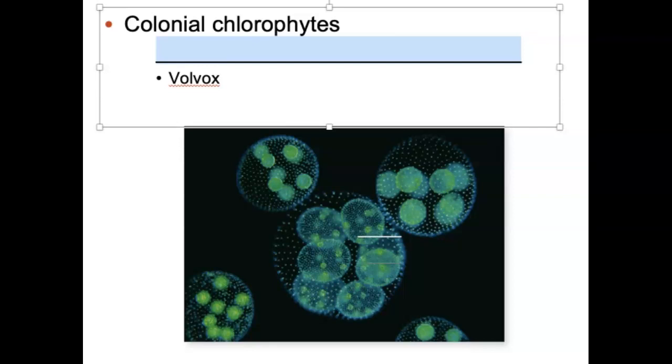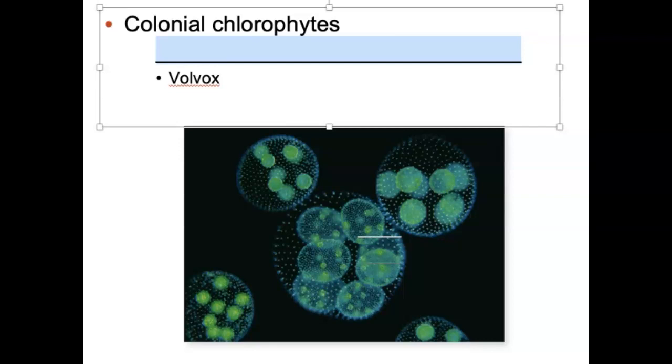They aggregate together, but they still act independently. Volvox here is an example of a colonial chlorophyte. So again, think about evolutionary connections towards multicellular land plants. Not the ancestor, but a cousin that's doing something similar to what the land plants are doing.